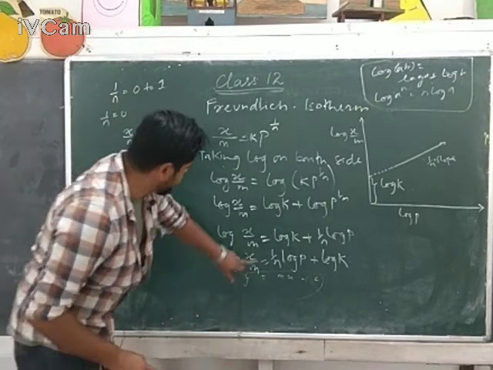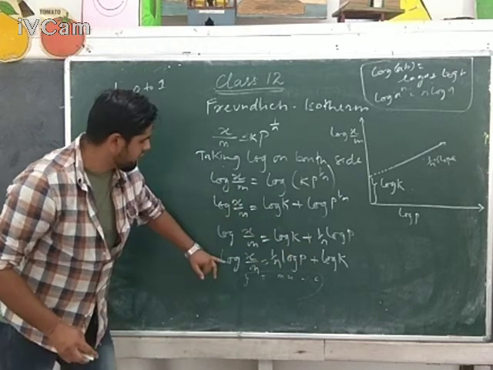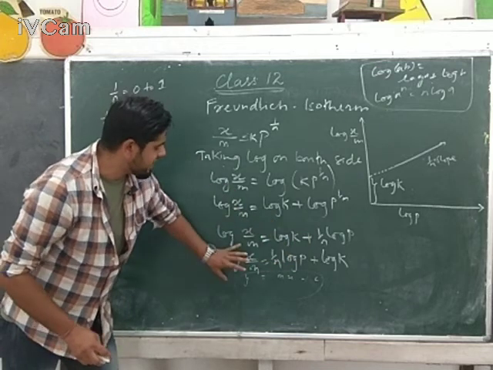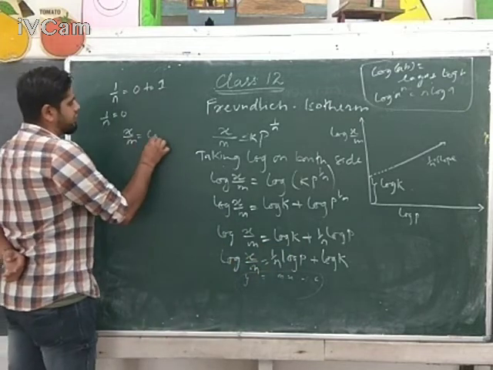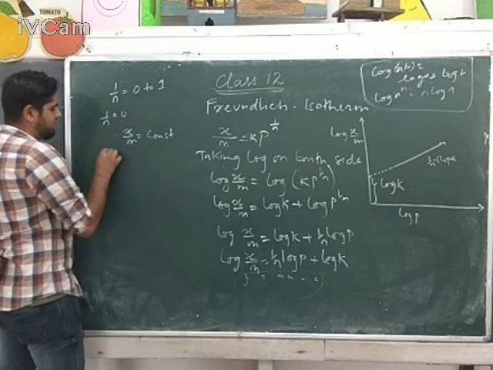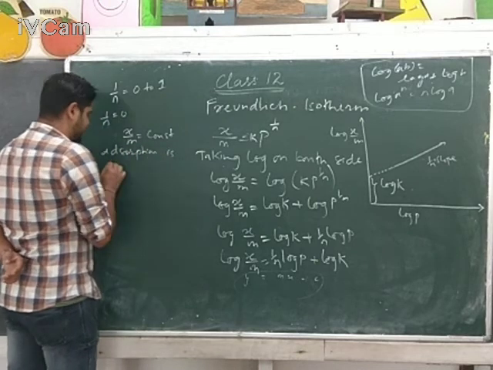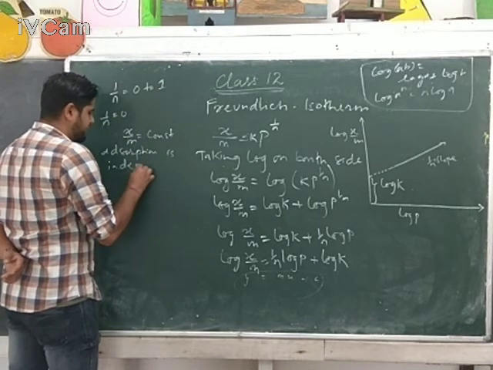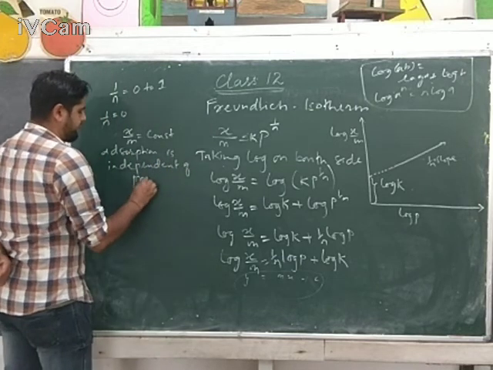I'll explain again. If this equals 0, this p term will be 0. So log x by m, that is adsorption, is independent of pressure. So you can write this is constant. Adsorption is independent of pressure.